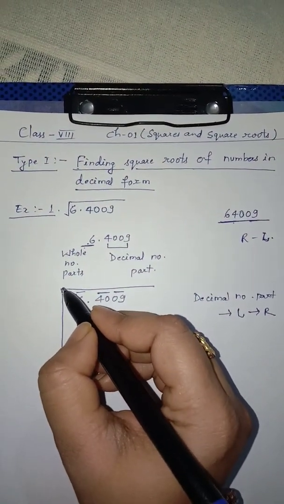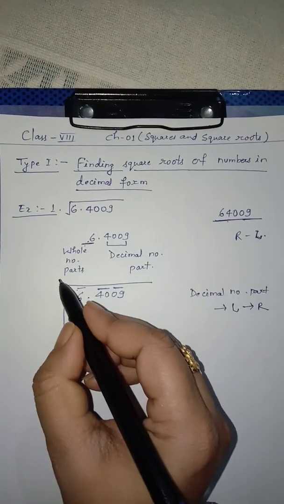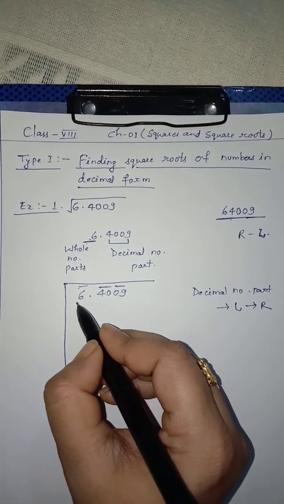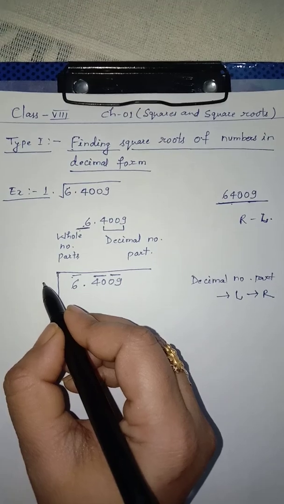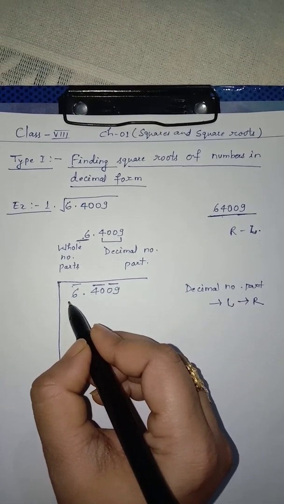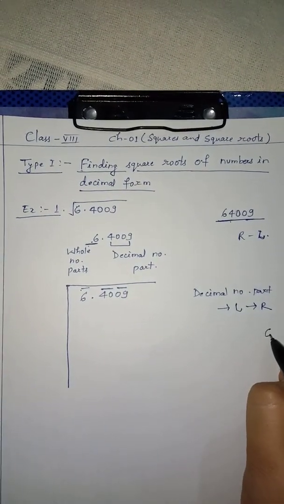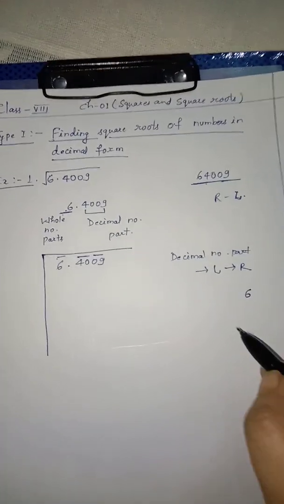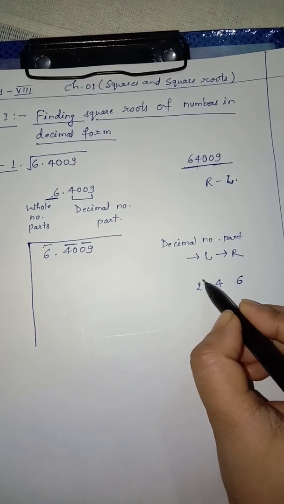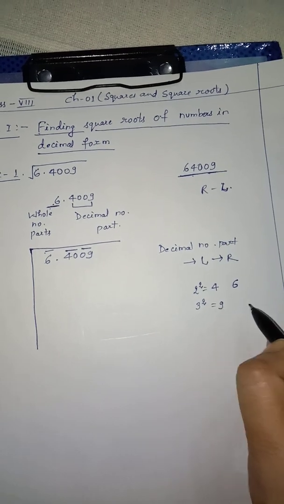So in step 2, we will draw two lines, on the left side and at the top. Now let's consider 6. We will find a perfect square which is near to 6. The first perfect square is 4, which means 2 squared. The second perfect square is 9.